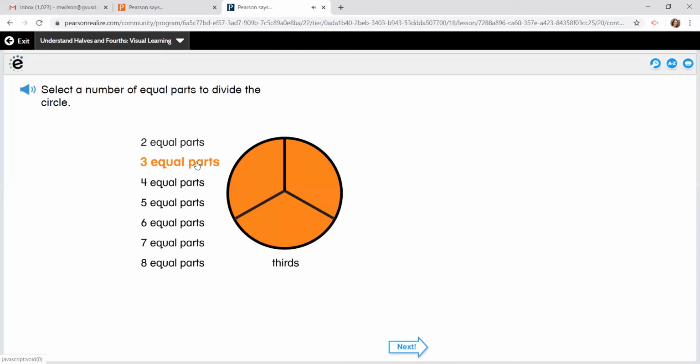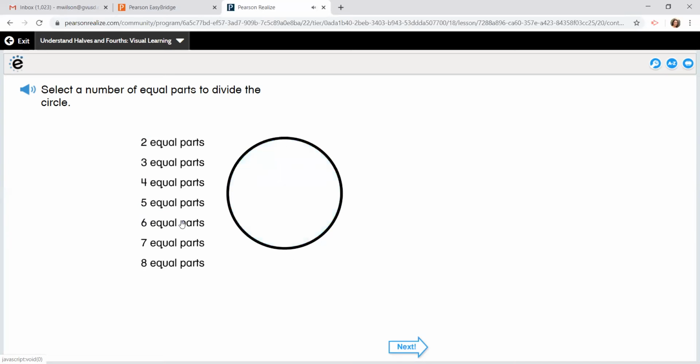The circle shows thirds. My pieces are getting smaller. The circle shows fourths. Now 4 equal parts, the pieces are getting smaller still. How about 5 equal parts? The circle shows fifths. Ooh, my pieces are getting smaller, skinnier.